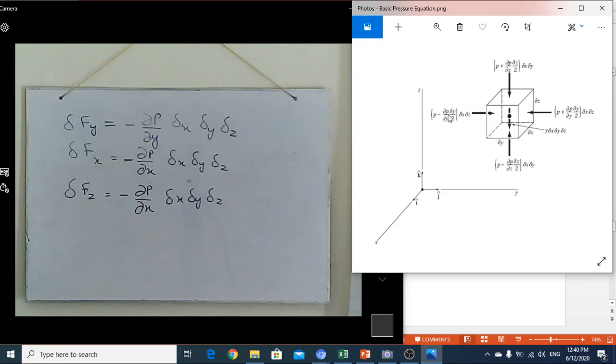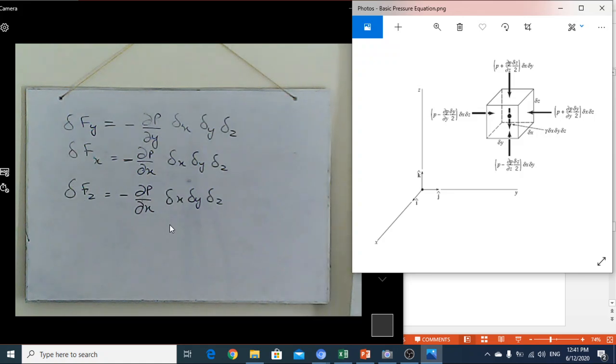When they add, a factor of 2 comes, okay, and this complete balancing force will be equal to minus dou p over dou y, delta x, delta y, and delta z. Similarly, for the x and z directions, we will find the respective results.